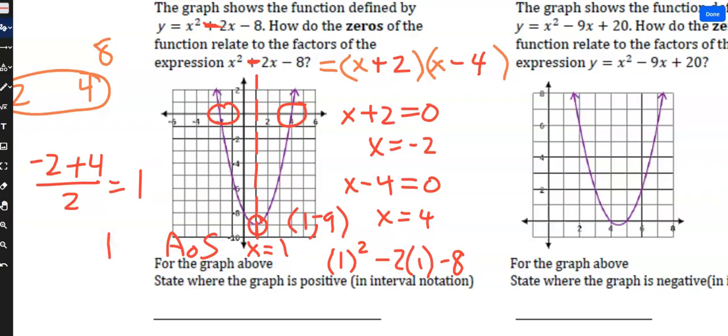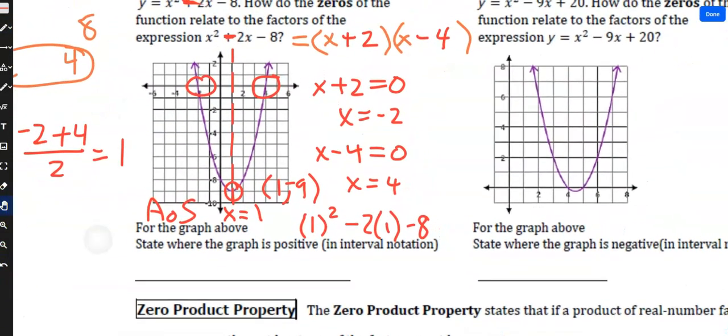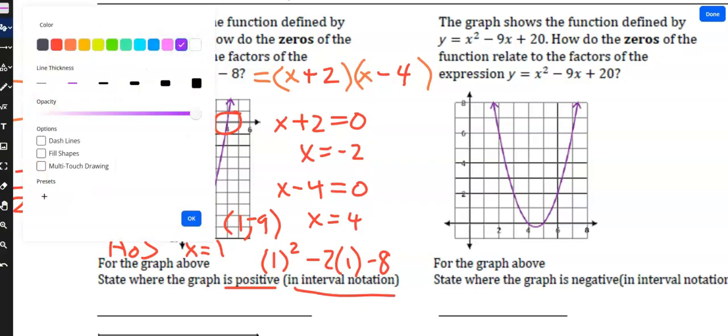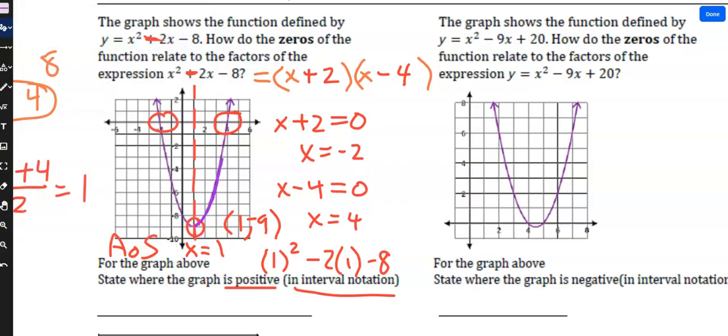It says, now, if you look down below, for the graph above, where is it positive? That's what it's asking. That's interval notation. Don't forget interval notation. Well, obviously, the only part of this graph that is increasing would be this side of the graph.